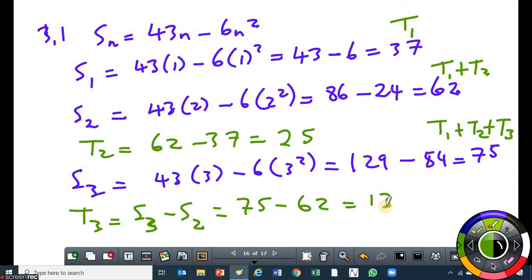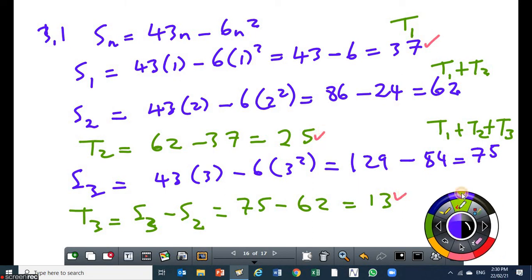Minus 12. 25 minus 37, that's minus 12. 13 minus 25, minus 12. So I have all my three terms. Are you following? That's T1, T2, that's T3. It's making sense.